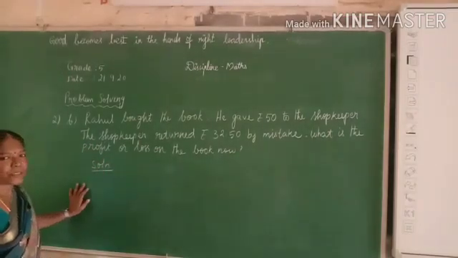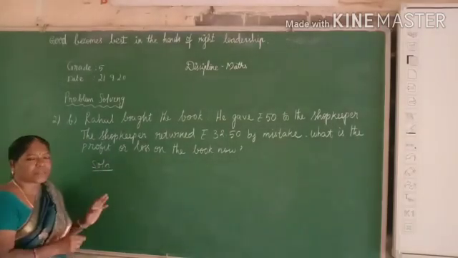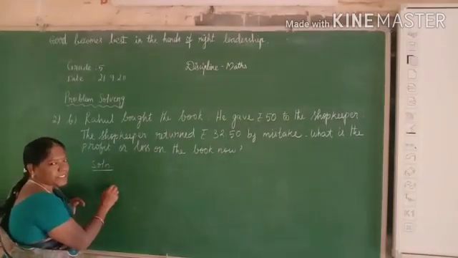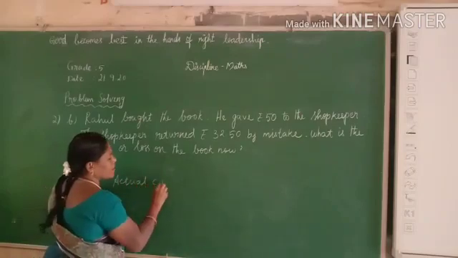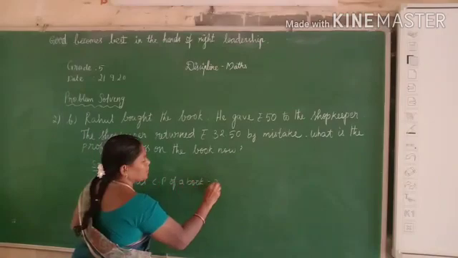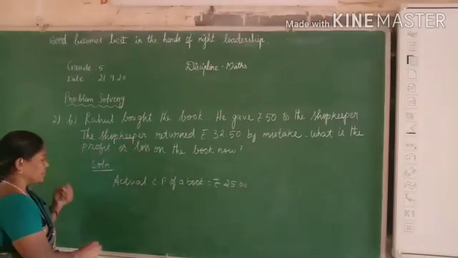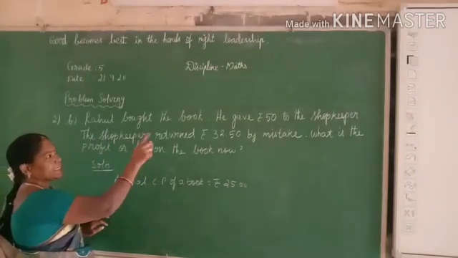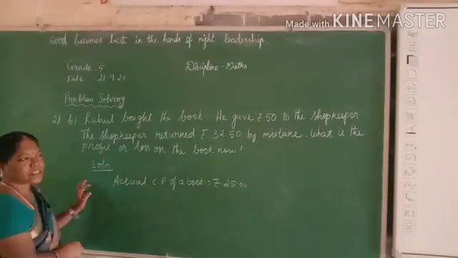The actual price. This question continues the previous question. So the actual cost price of the book is rupees 25. Rahul bought the book from the shop. He gave rupees 50 to the shopkeeper. Then how much was returned?